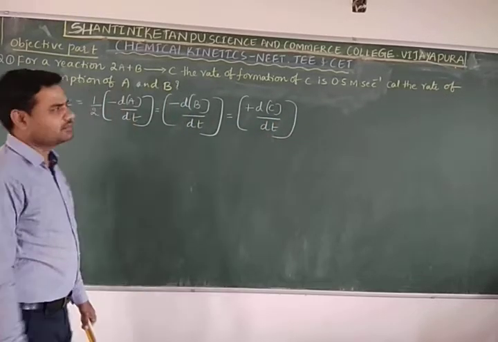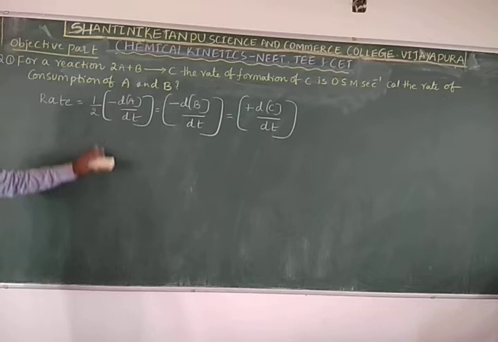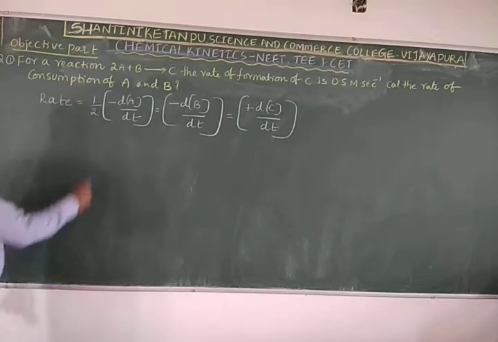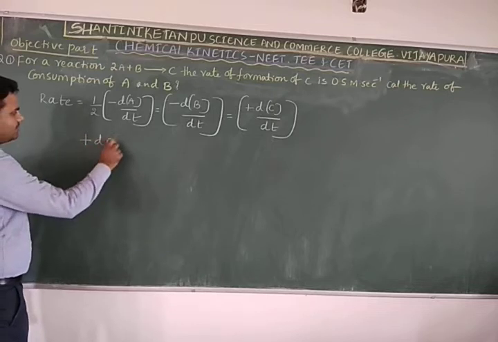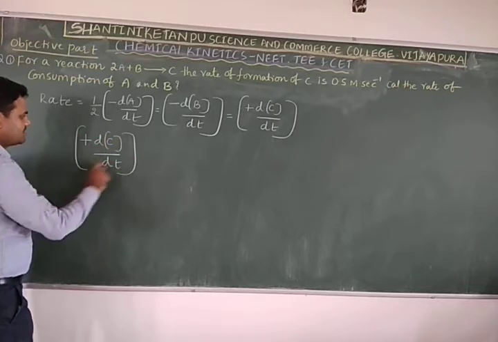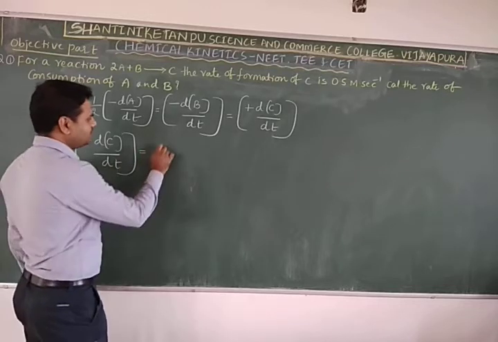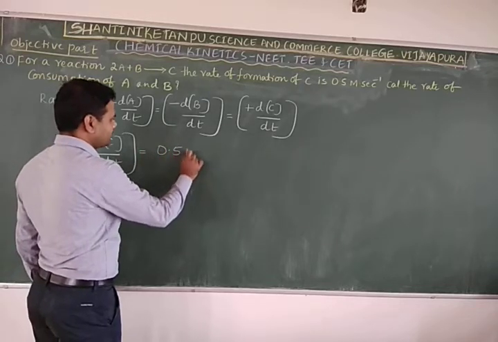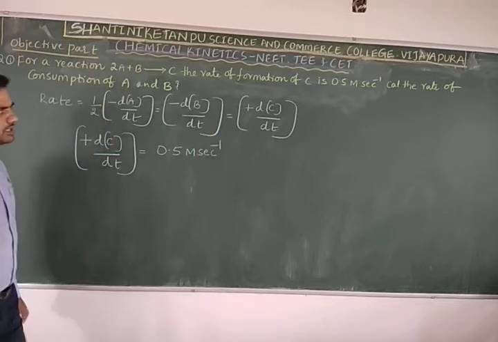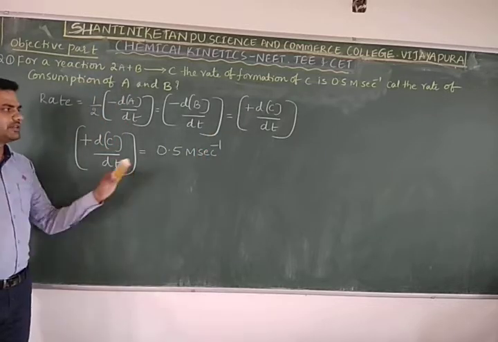Now the next step. Here the question says the rate of formation of C is given. Rate of formation of C means plus dC by dt. This value is given to us, 0.5 moles per liter per second.